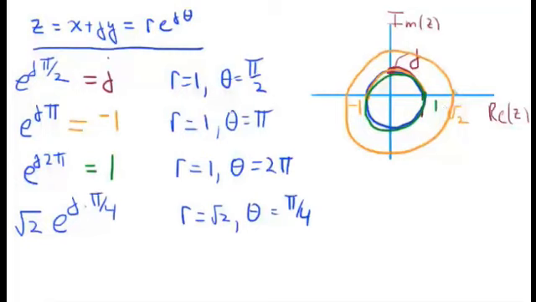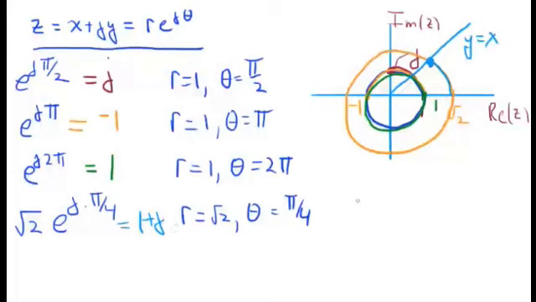Follow this circle around pi over 4 radians. That's right there. We'll draw the ray at pi over 4 radians. That looks like this. They intersect right here. This, of course, is the line y equals x. So we're on the circle of radius root 2, and on the line y equals x. This equals 1 plus j.